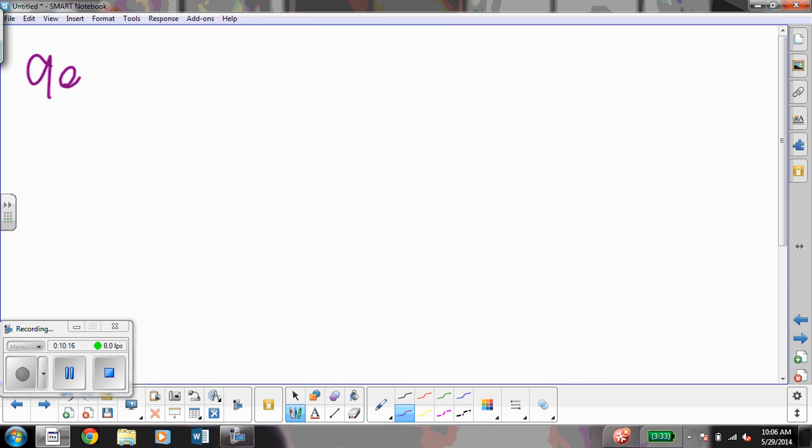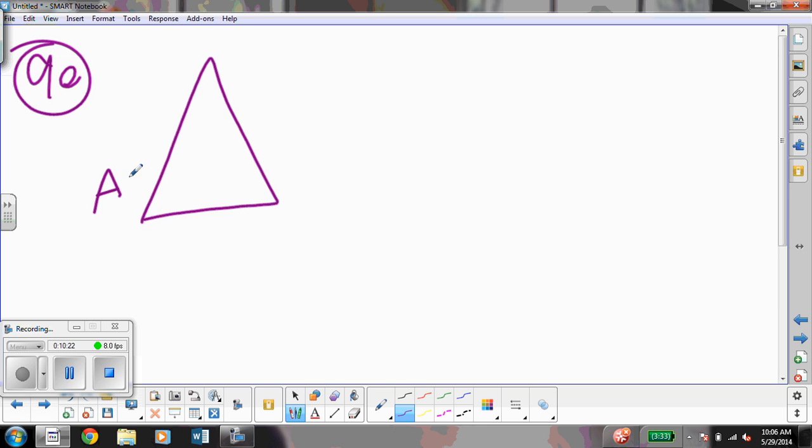9e. I know that angle A is 131 degrees. I know that side c is 127, and I know that side b is 79.2. I want to find side a, which is this side right here.